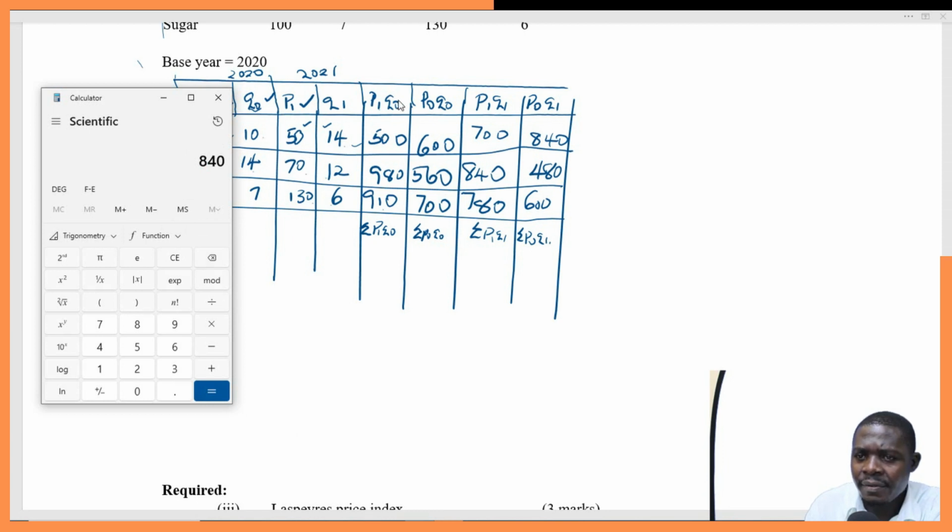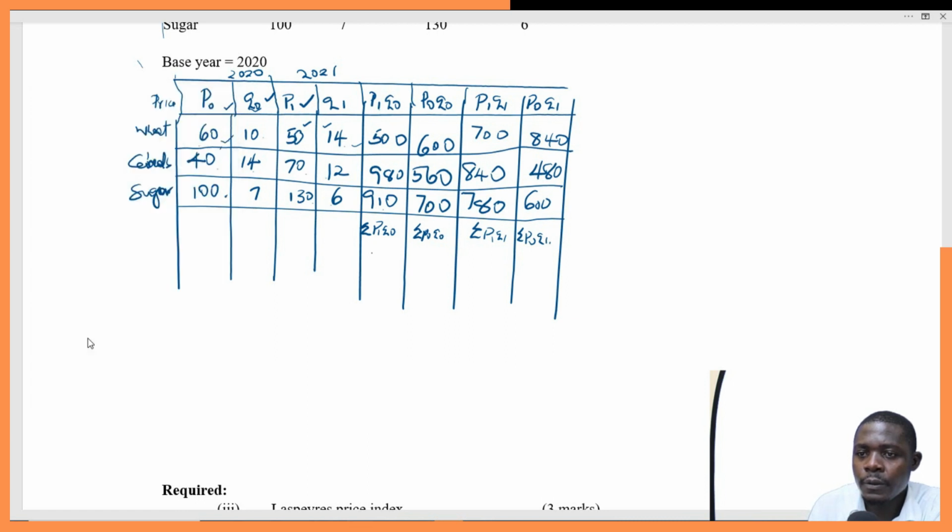We have the first column, which is 500. We add 980. We also add 910. You get 330,000.